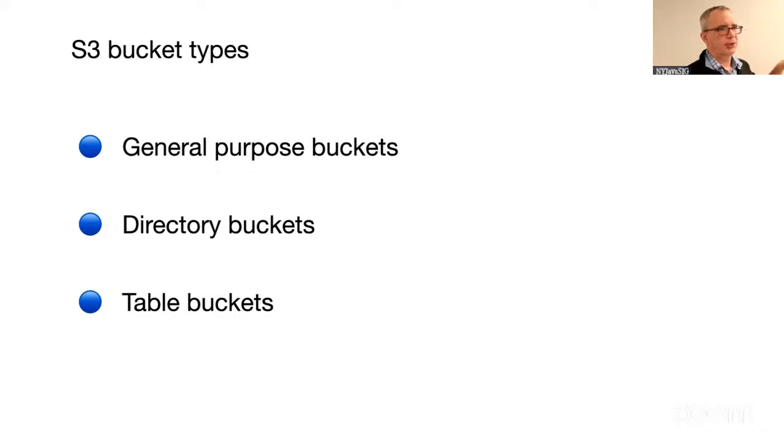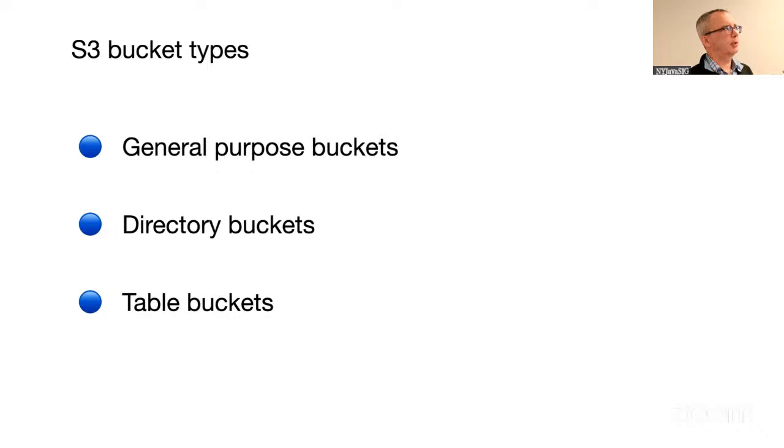Anyone using directory buckets today? So directory buckets is a bucket type that they created to support S3 Express One Zone. And S3 Express One Zone is basically a way to use S3 in a really high performance way.